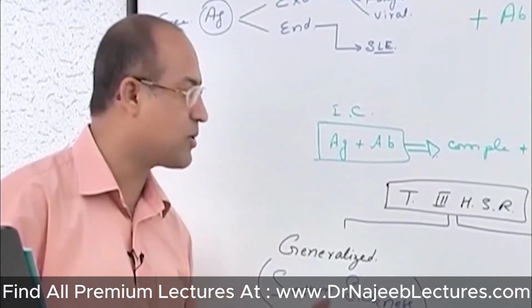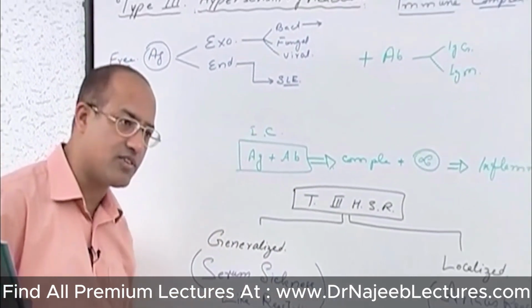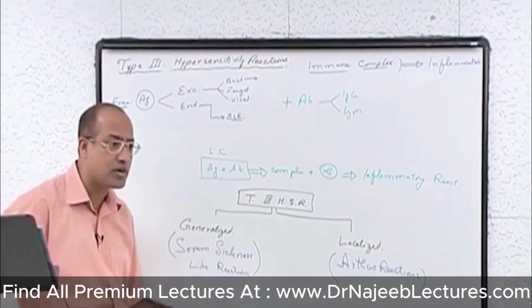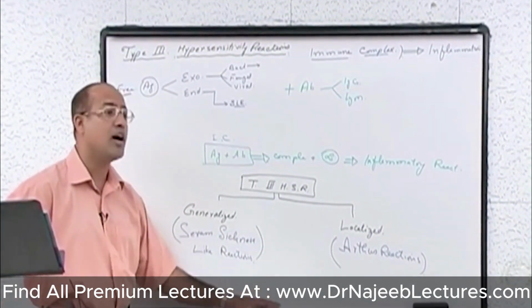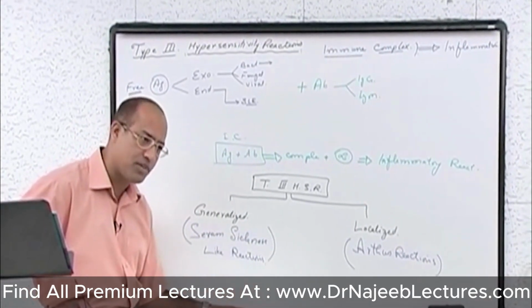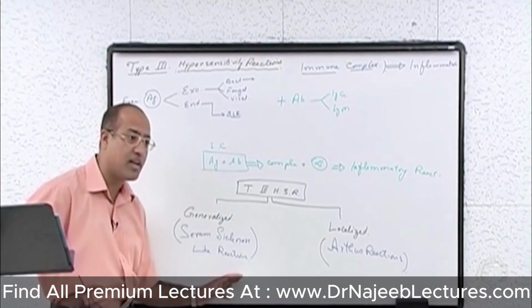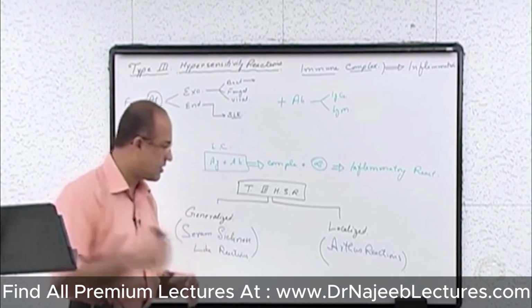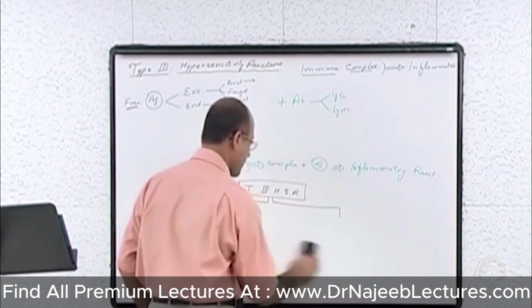Let's talk in detail about one example of serum sickness disease, how it can be induced and what the pathological changes in the body are, how immune complexes are formed, how they circulate, how they are deposited, how they produce the inflammation, what type of clinical presentation is seen in serum sickness, and then we'll talk about similar other conditions. So let's talk about serum sickness now.